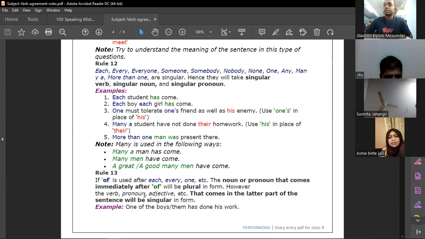However, the verb, pronoun, adjective, etc. that comes in the later part of the sentence will be singular in form, right? One of the boys has done his work. One of the boys, meaning one of them, has done. So each of, every of words like these are used. So it's the end of today's rules program.